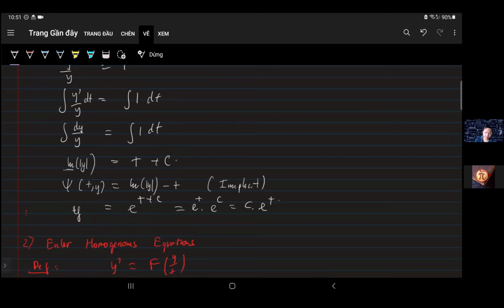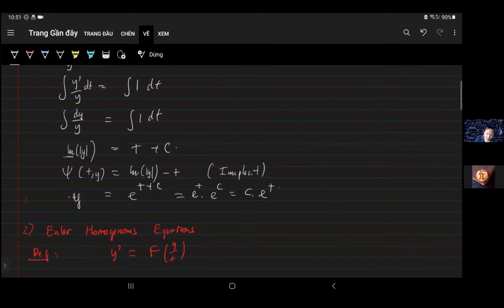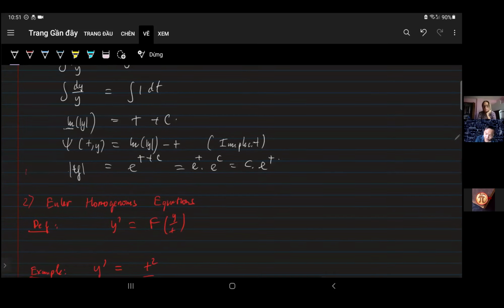From here you have to be careful because of the absolute value. Here c prime equals e to the c, so it can be any arbitrary positive constant because the exponential is positive.